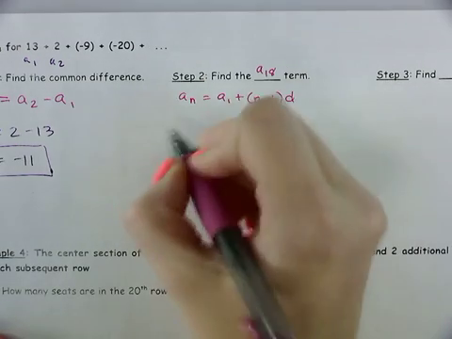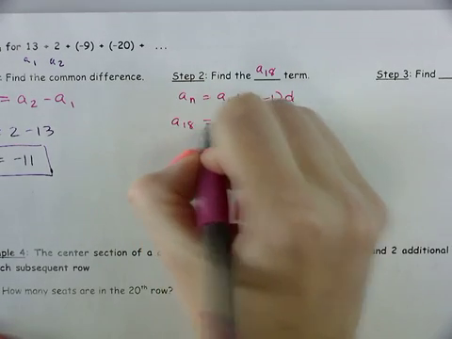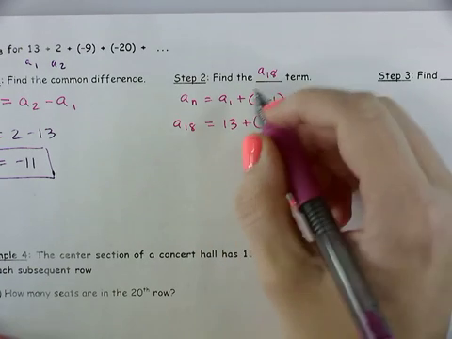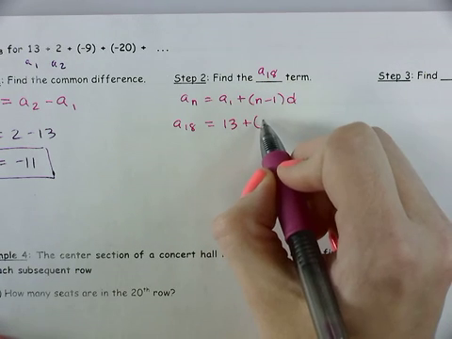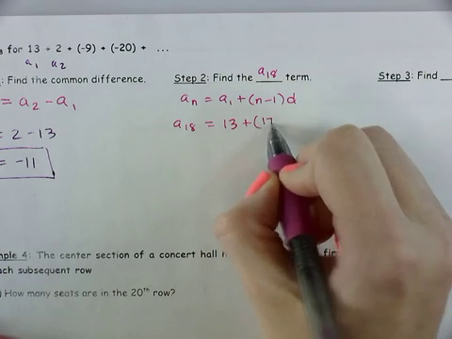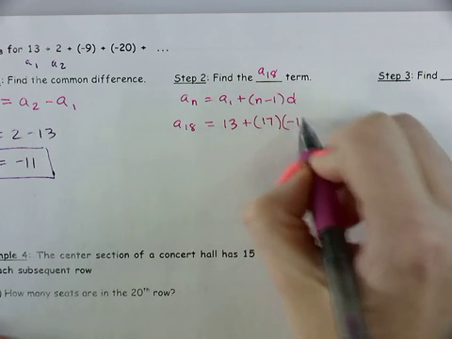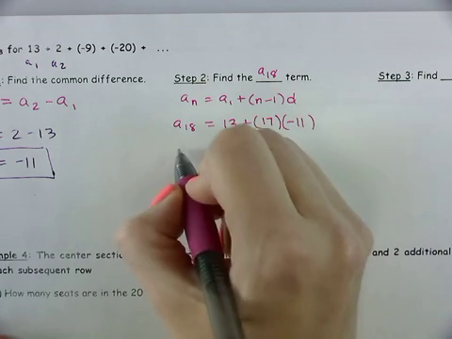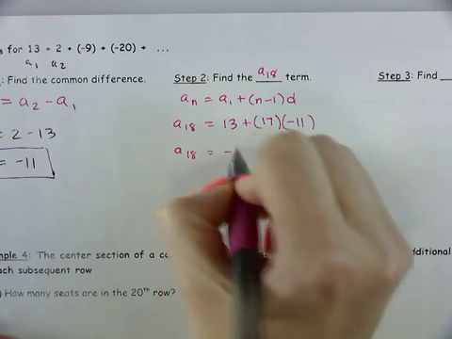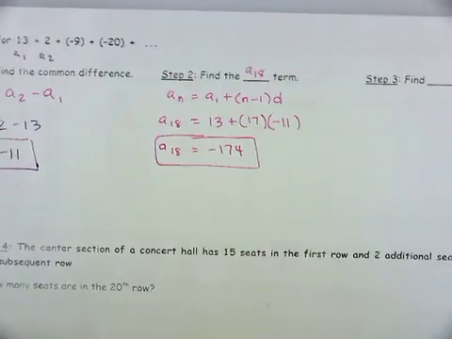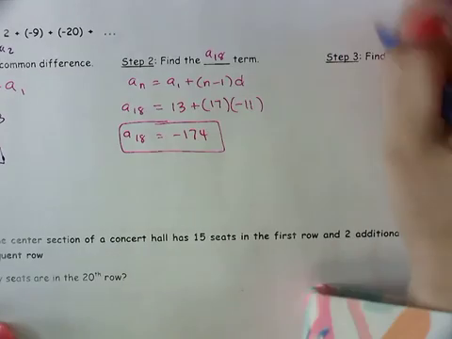Your a sub 18 is going to be the first term, 13, and then, is it okay if I just put 17 in here? Because 18 minus 1 will be 17 times your difference, negative 11.